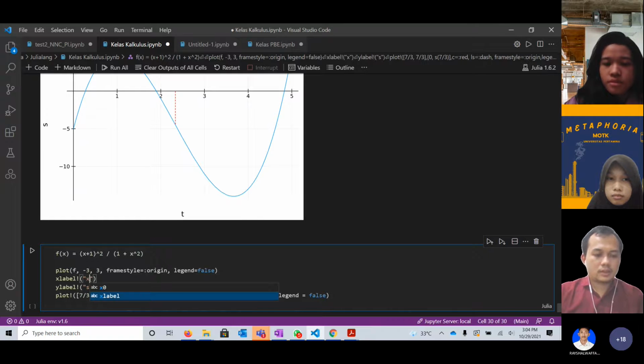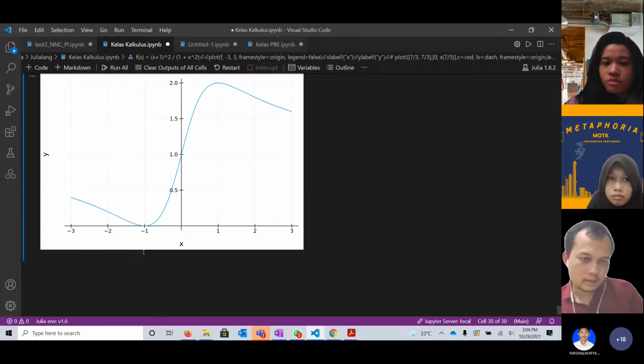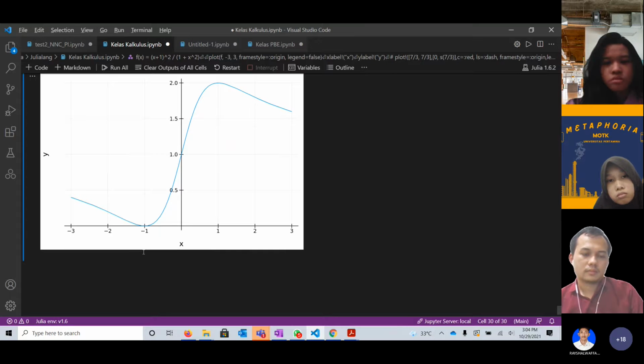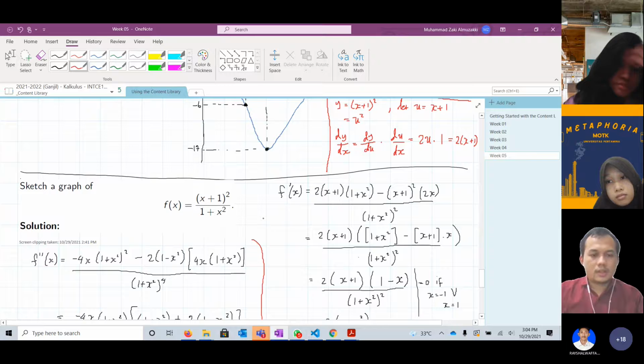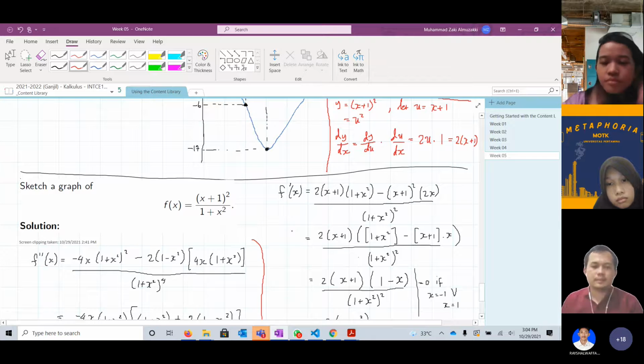Here is x and y. The plot should look like this. Oh, maybe I made a mistake. At x equal to 1. Okay, sorry, I made a mistake in it.